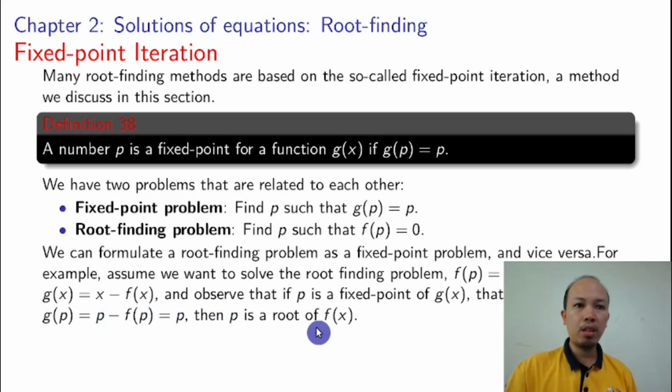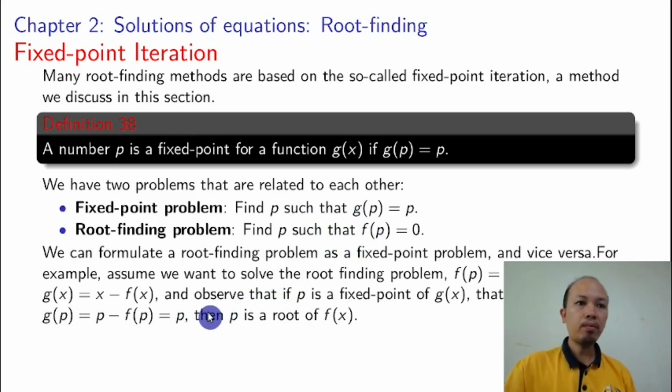So therefore p is a root of f of x. So if we get the fixed point of g and write the function g of x is equal to x minus f of x, then p also is a root of f of x. So the number p is a fixed point, at the same time a root of the function f.